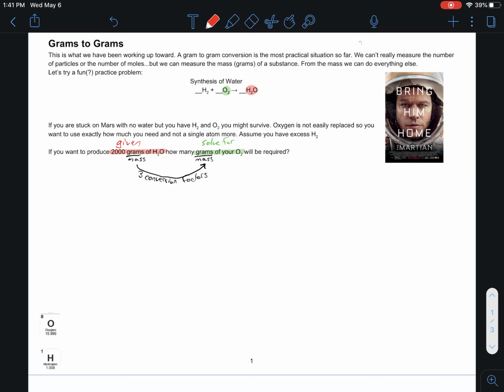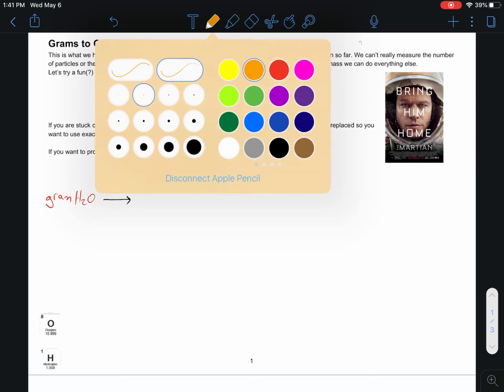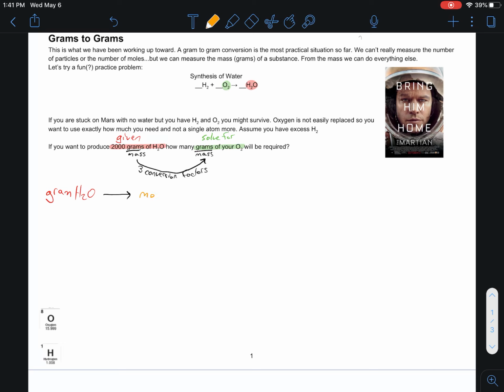So you have a given number of grams, that's your mass. So you have grams H2O. You are trying to convert that to, do it in orange, moles H2O.